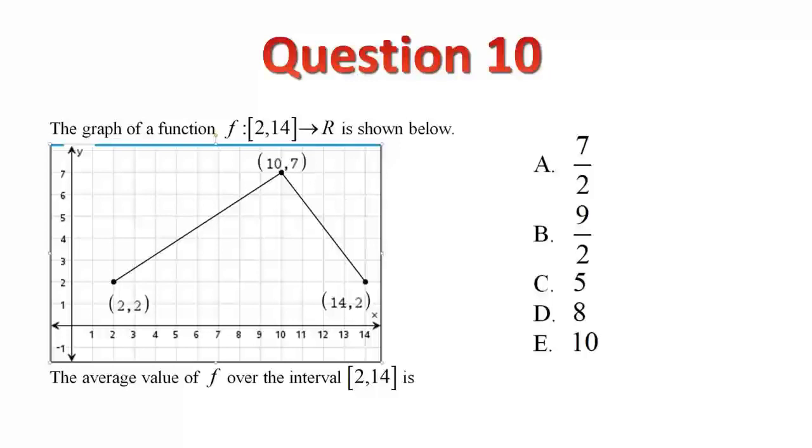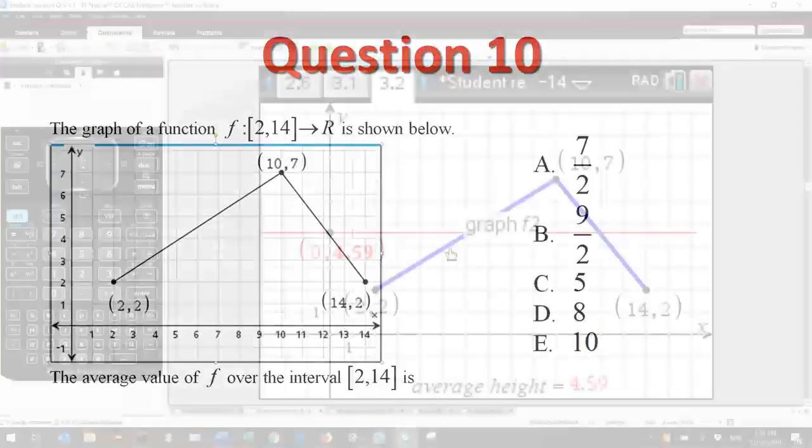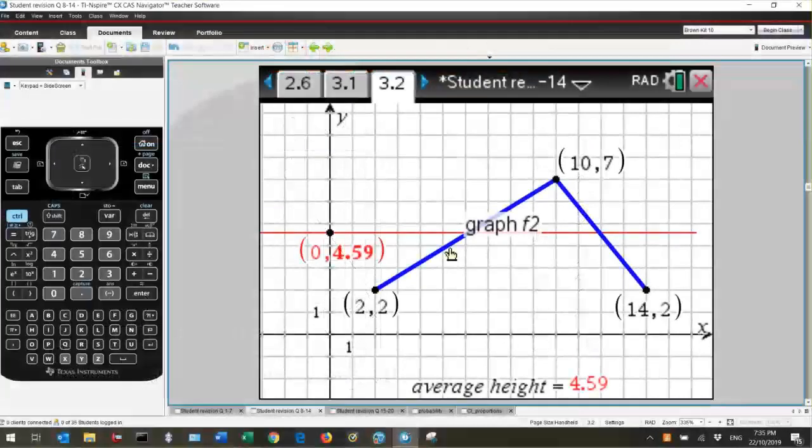So you need to understand the concept of average value. So average value is the average height. Now, here we've got a function which increases and then decreases at a constant rate. The lowest value is 2. The highest value is 7. So just using a bit of common sense, you think, well, halfway in between.